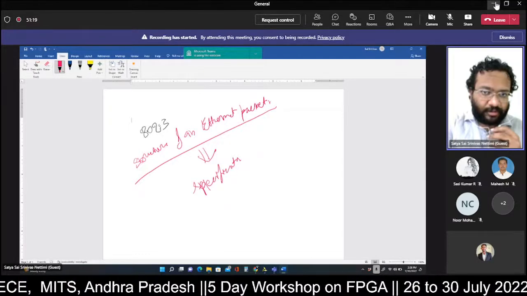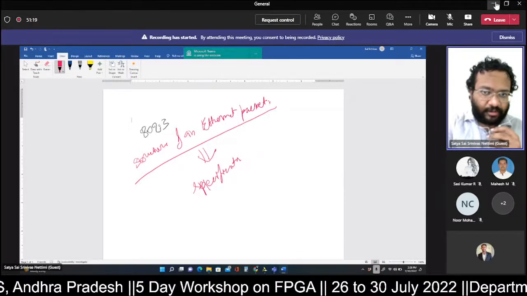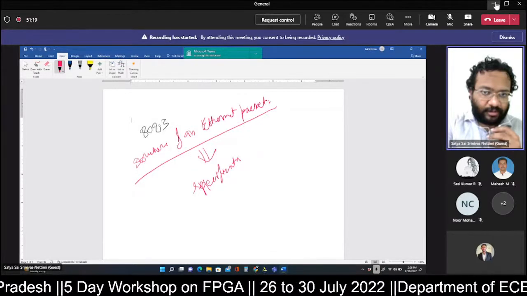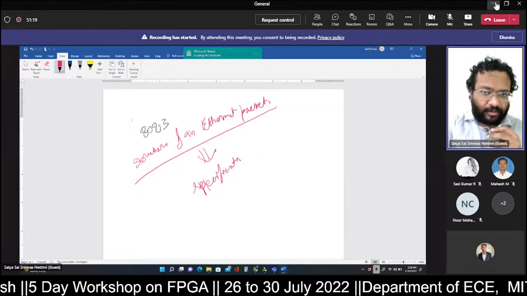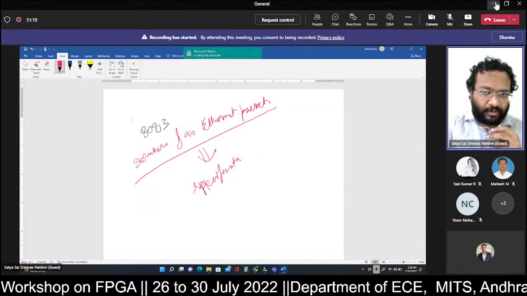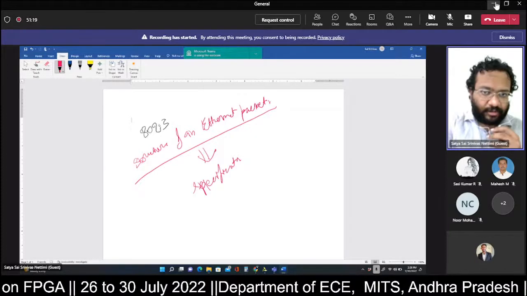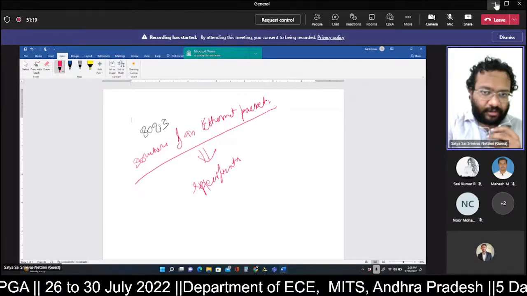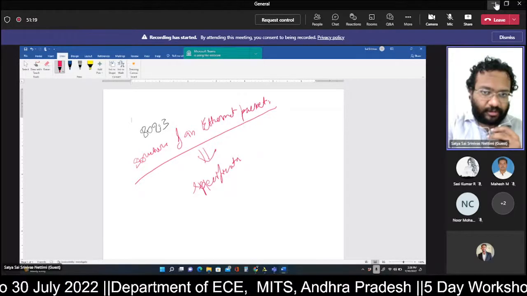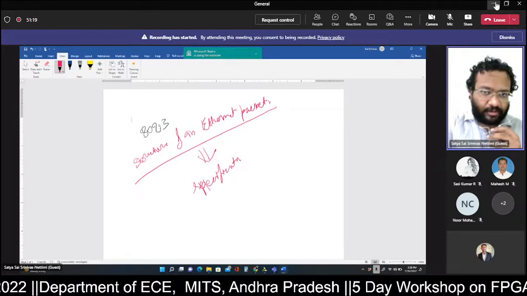In the ideal case, when the combinational next state logic is not computing anything, then whatever the register value is, the same value the combinational next state logic will point to, and the same value will circularly be written in the register. That means the same value will be held for many clock cycles. This is the scenario that I have represented in the Verilog code. Whenever a positive edge of the clock comes, if there is a reset, all the registers are reset to 0.